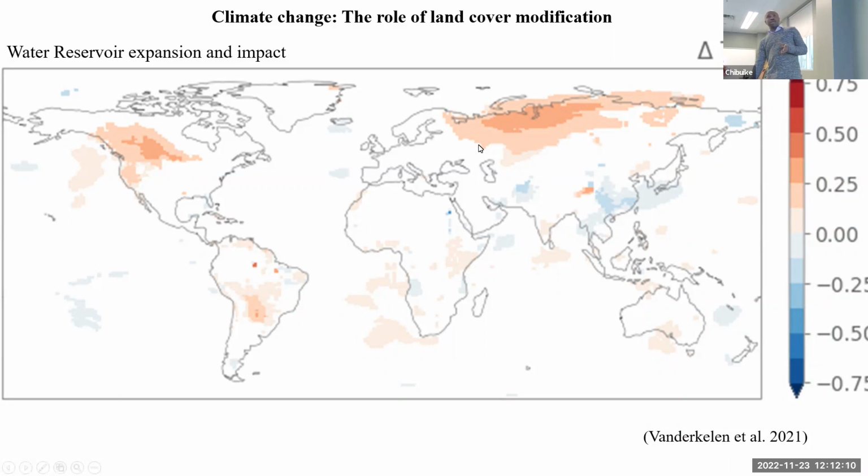And you see that they isolated that most of the impacts that come from reservoirs are in those areas that rely on water resources that already have created dams and hydroelectric power.